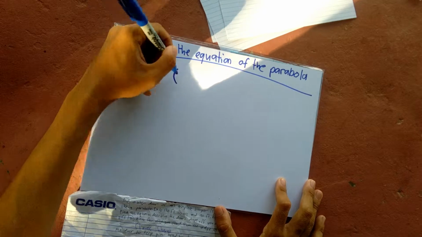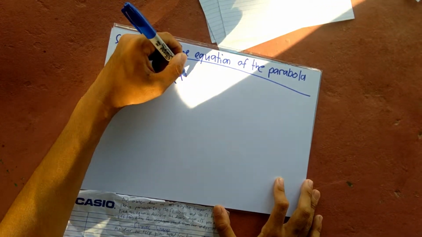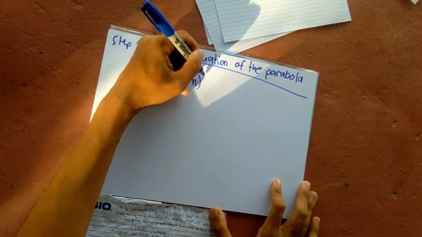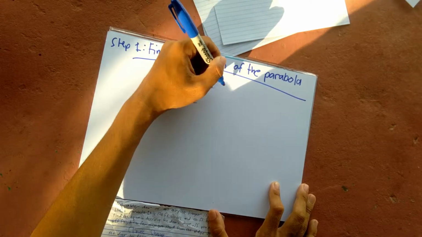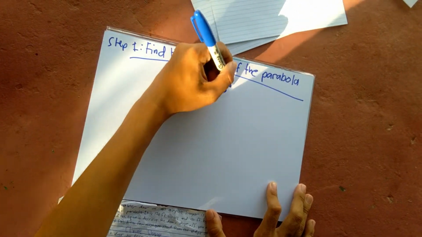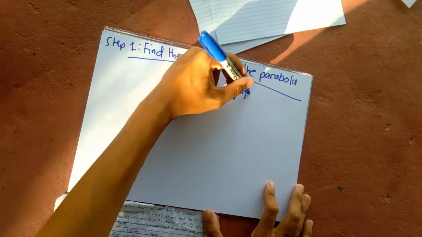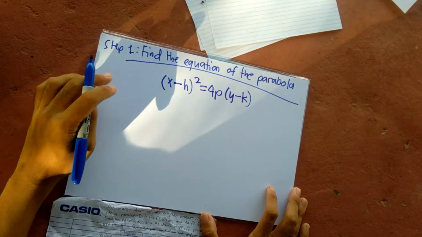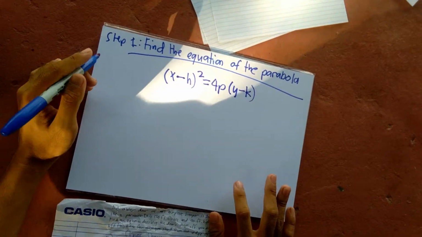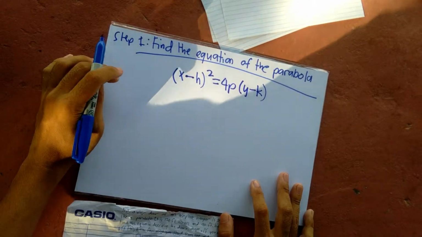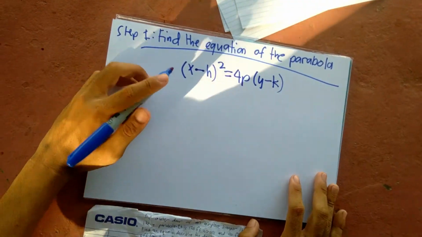Remember the equation: (x - h)^2 = 4p(y - k). What we will do here is substitute the point h and k into the equation.